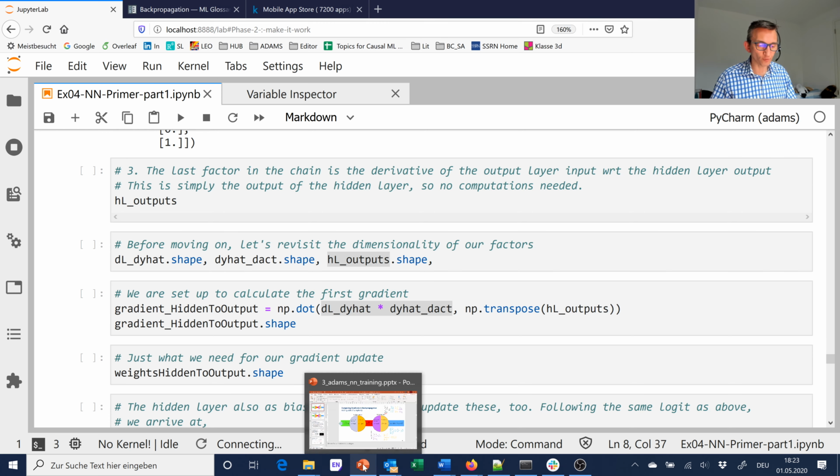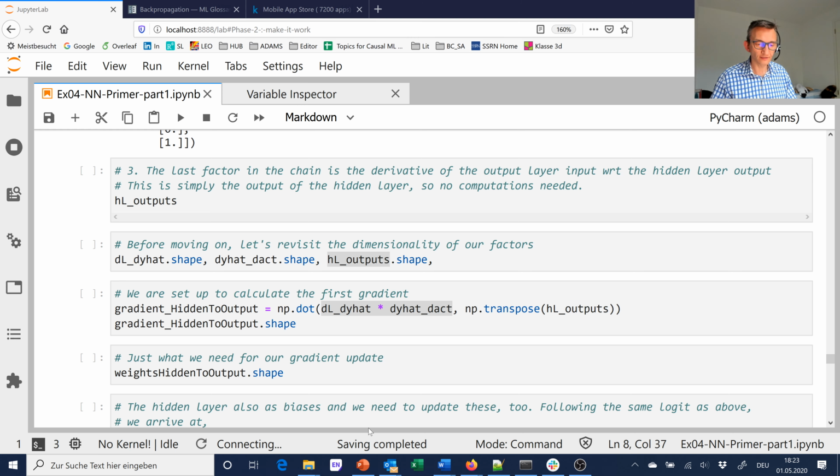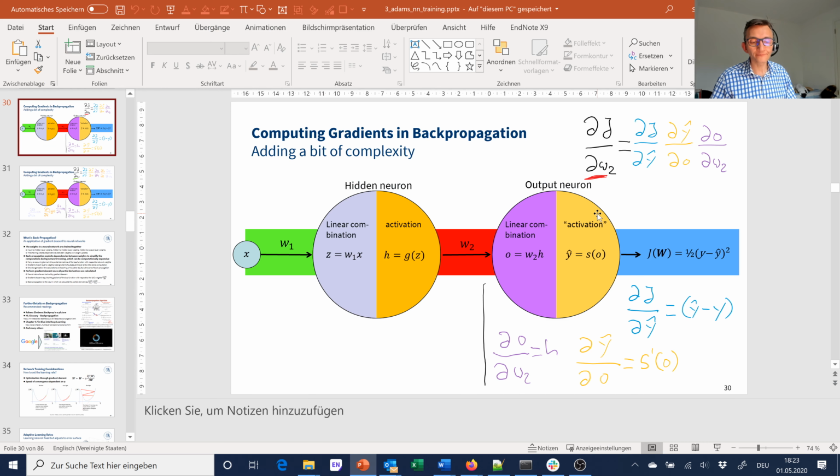Once more, back to PowerPoint maybe, to be on the safe side. We're sort of doing this computation here: the gradient of the loss with regard to the hidden layer weight. We need the derivative of the loss with regard to the forecast, the derivative of the forecast with regard to the raw output score, and the derivative of the raw output score with regard to our weight, the one we seek at the moment.